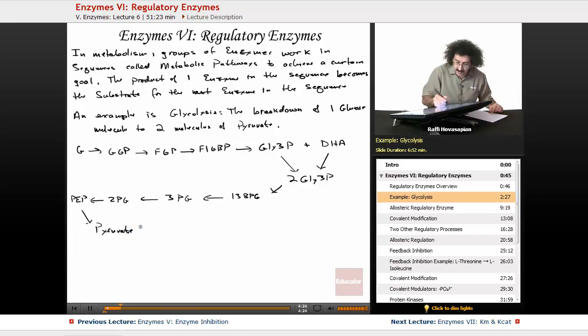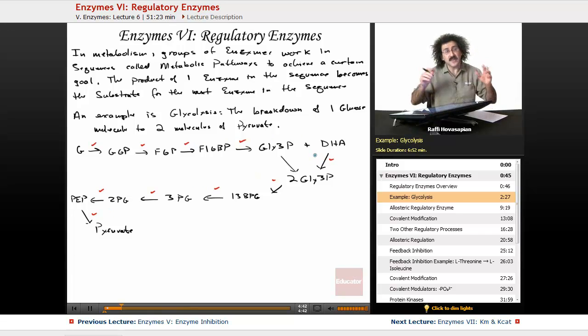So this is a metabolic pathway. It is glycolysis. These are the individual steps, and each step is catalyzed by a particular enzyme, a separate enzyme. So we have 1, 2, 3, 4, 5, 6, 7, 8, 9, 10 enzymes in this metabolic pathway. One or more of these enzymes is going to be a regulatory enzyme.